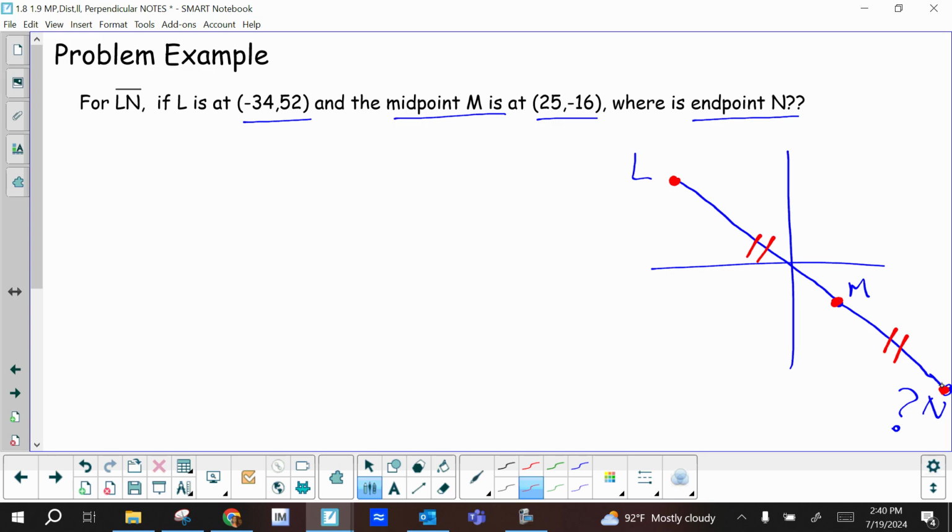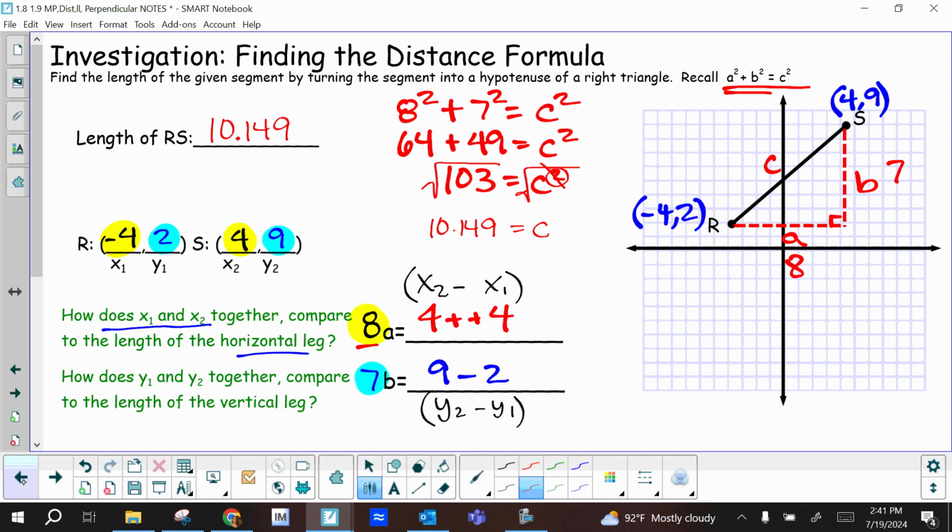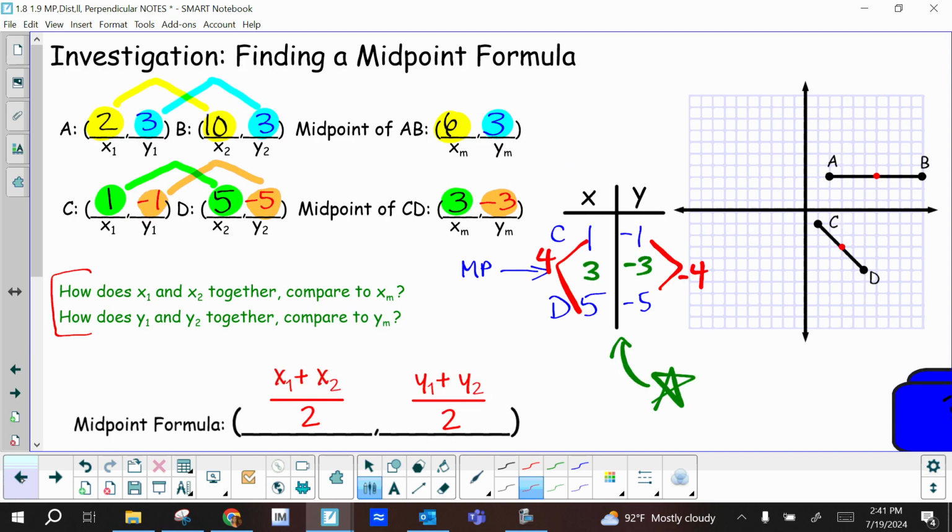There's probably 2 or 3 ways you can do this problem, but I'm going to suggest using that T-chart. Let me go back and show you that real quick. Remember, one endpoint C was at the top, the other endpoint D at the bottom, and the midpoint in the middle.